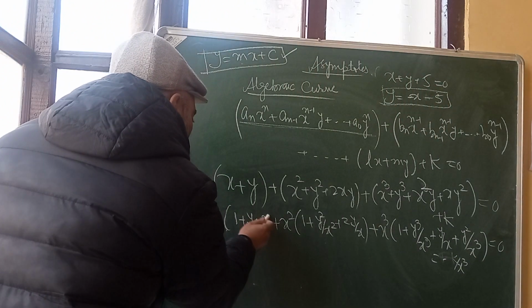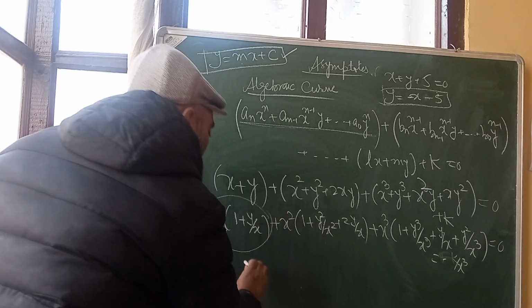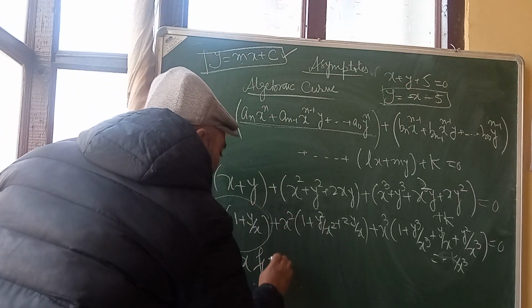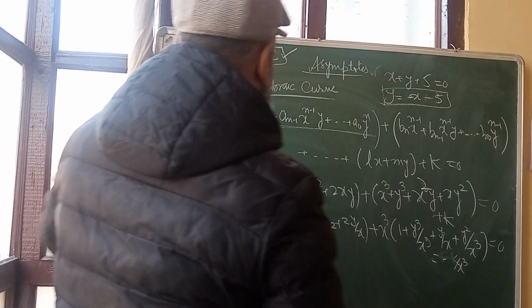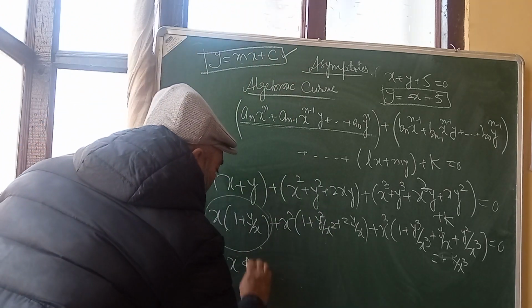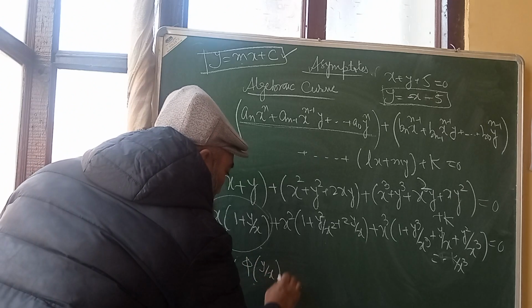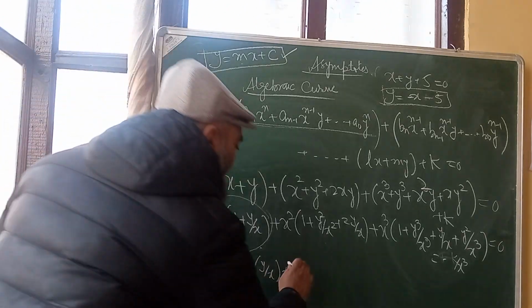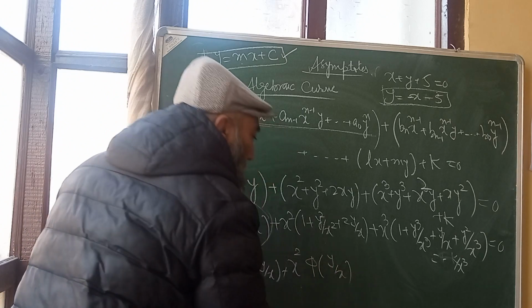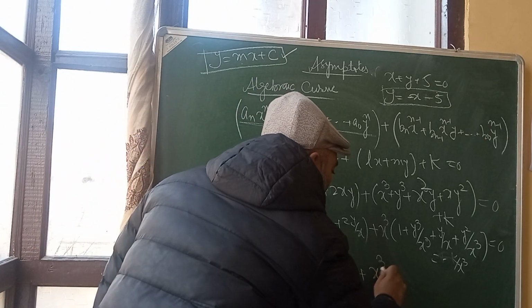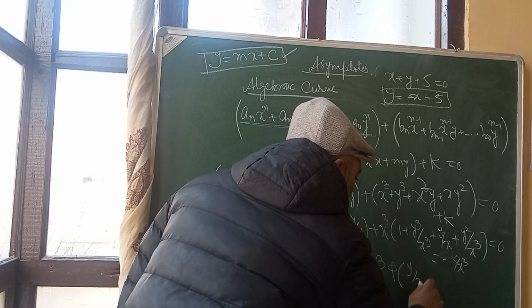What I am interested in is this form. This is x, some function of y by x. This is x square, some function of y by x. This is x cube, some function of y by x.